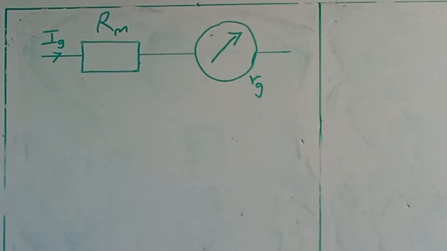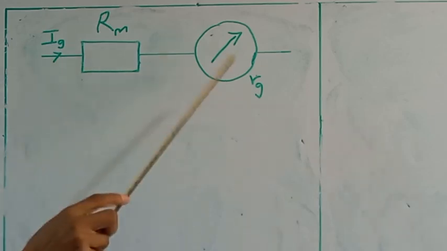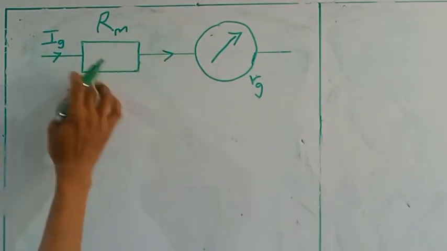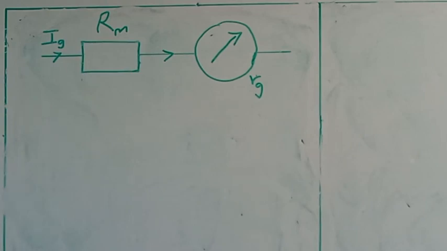A galvanometer can be converted to a voltmeter by connecting a high resistance multiplier in series. It must be connected in series such that the current that flows through the galvanometer is the same current that flows through the multiplier.